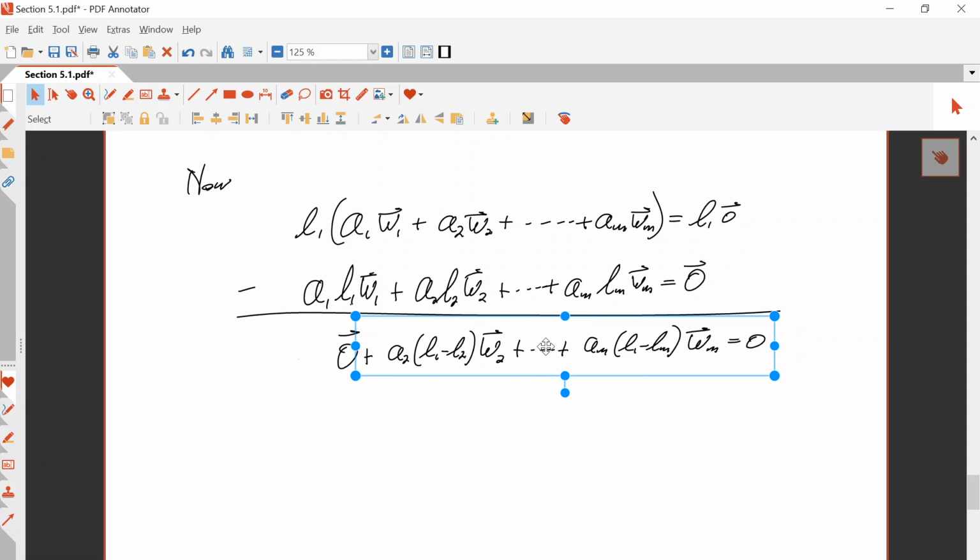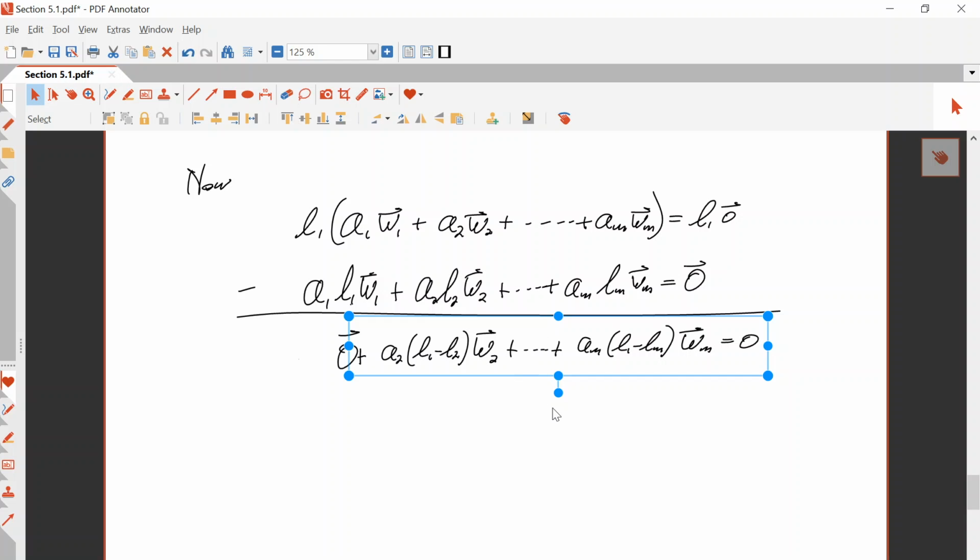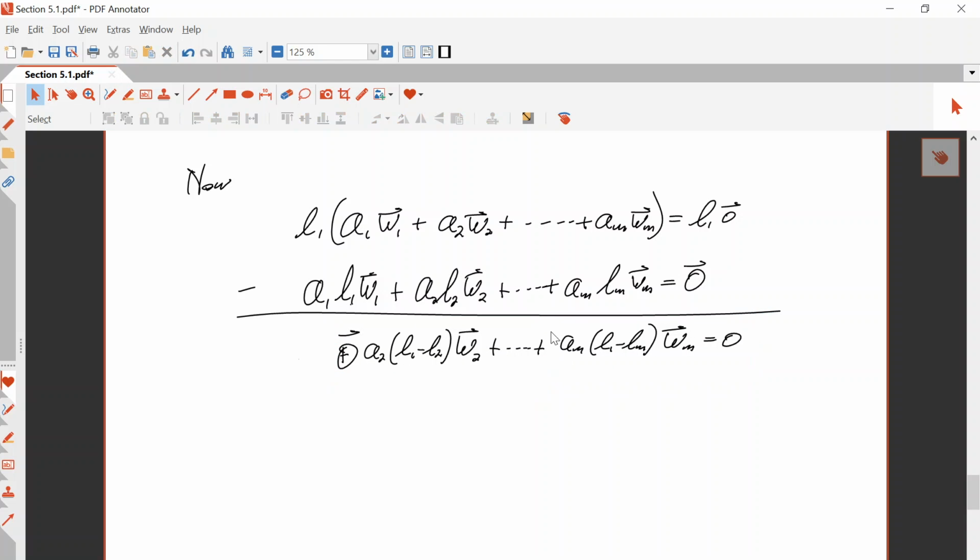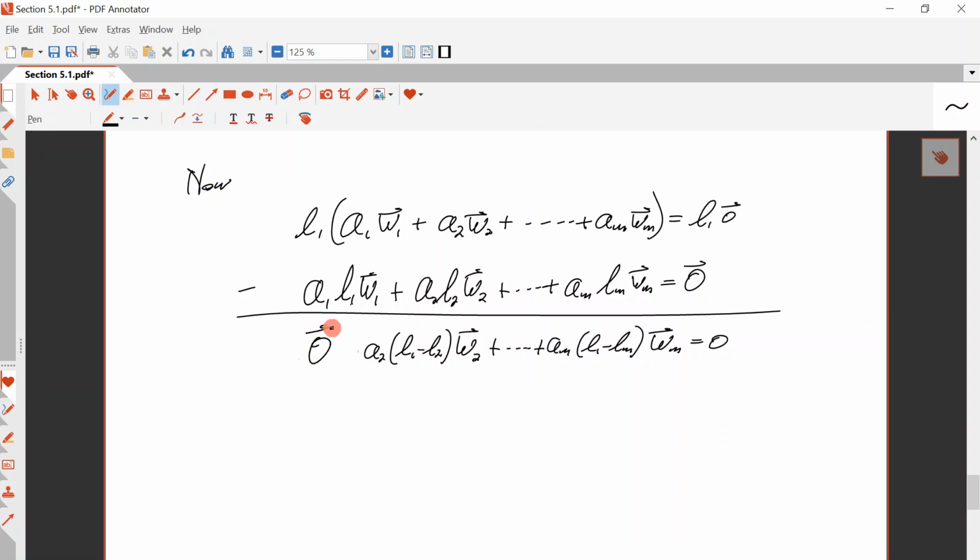Right? So this minus this is L1 A1 W1, this is L1 A1 W1. Subtract those, you get 0. But here, this is A2 L1, this is A2 L2. So this is A2 L1 minus L2 W2. And then this, when you subtract, is AM L1 minus LM WM.